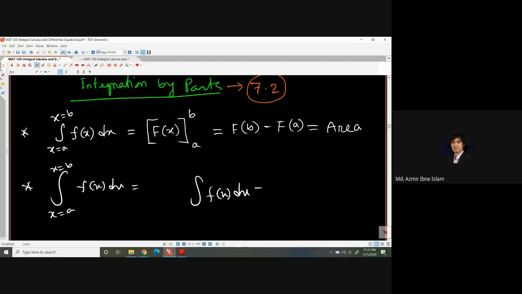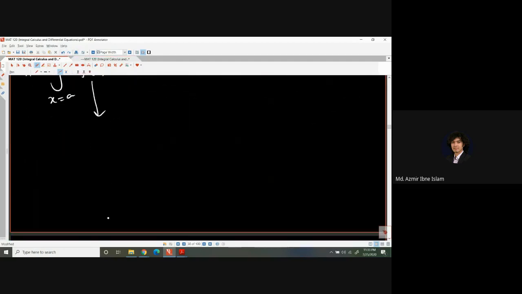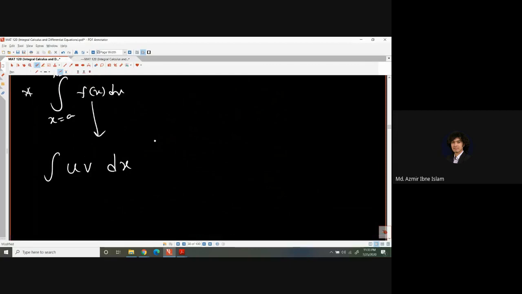In integration by parts, the function that we have here, f of x, may be of this form, u times v. Suppose we have f of x equal to sine x e to the power x.